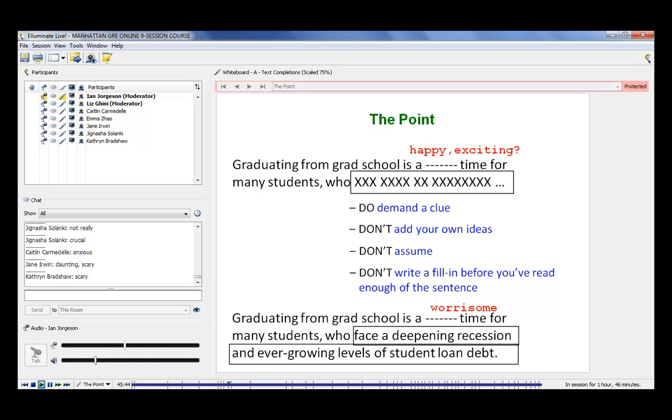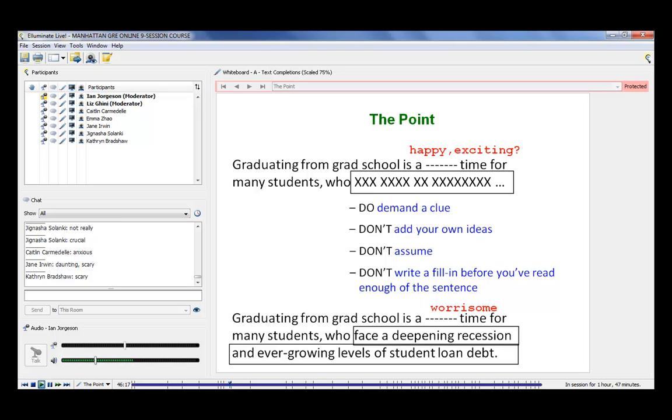But we don't want to do that until we're 100% sure we understand fully what the sentence means. And of course, that doesn't happen until, number one, we've read the whole sentence, but number two, we've identified within the sentence what the clues, pivots, and maybe the target are. Until we do that, we can't really be certain about what we want to fill in there.